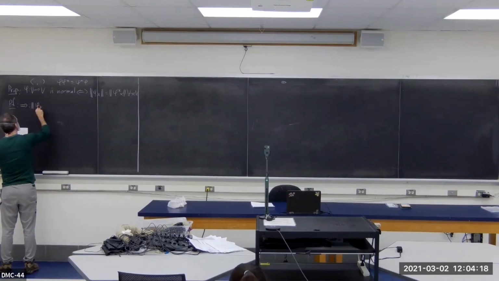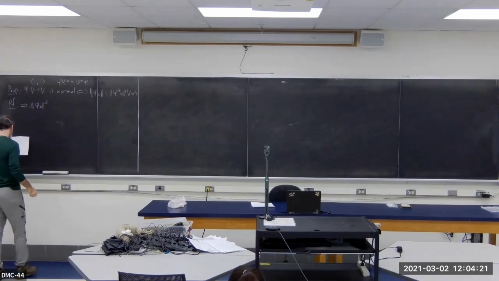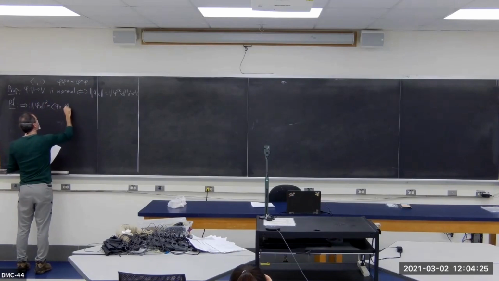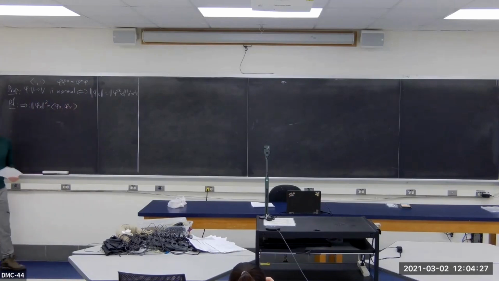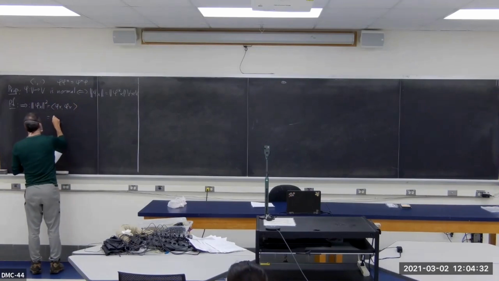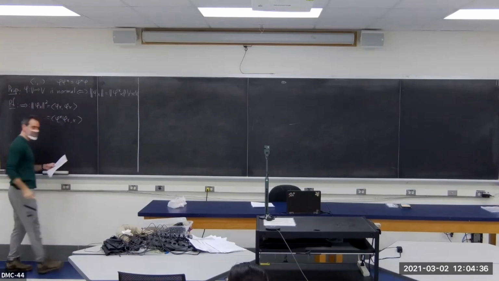So then what is the norm of phi x squared? What is the square length? Well, that's just phi x paired with phi x, right? But because this is an adjoint, we can now say that that's the same thing as phi star phi x paired with x.